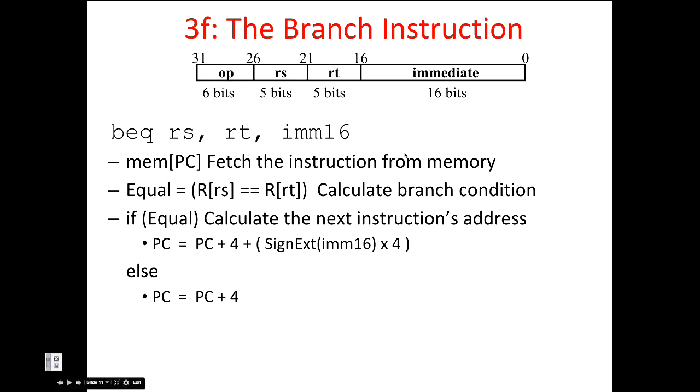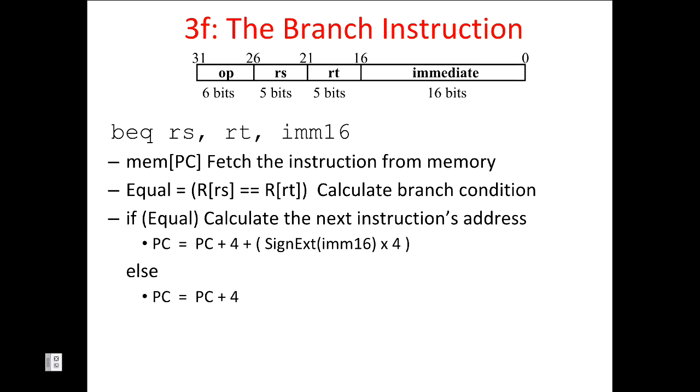And if they're equal, then we know that we need to take the branch. If it's 0, we're not taking the branch. So we do this comparison, and we're going to call the result of that comparison equal. If equal is true, this is the new value of PC. Otherwise, we just set PC to PC plus 4. That's the normal operation. The special case is when equal is true, and in that case we sign extend this immediate to get a full 32-bit value.